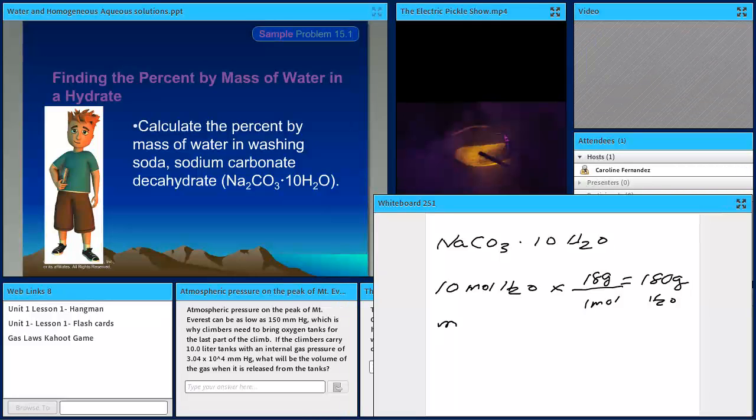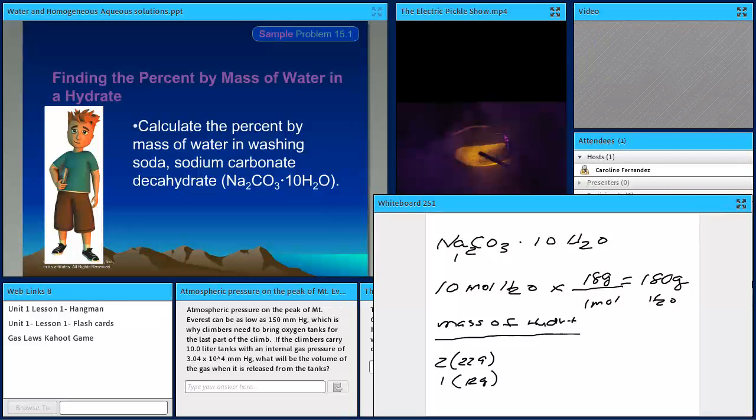So now we go to our periodic table to get the mass of the hydrate. We have two sodium, so that's 2 atoms of sodium, and each sodium is 22.9 grams.